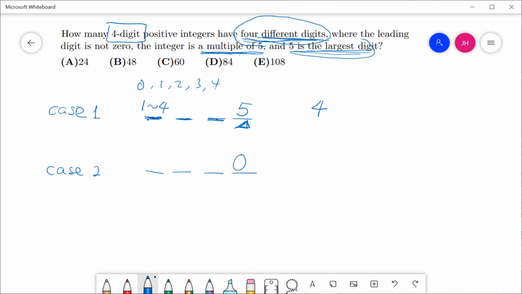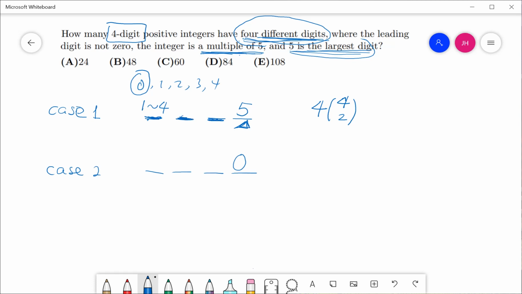Then we have 3 places left. But remember, we have a 0. The 0 doesn't go to the first digit, but it could be a choice for the second or the third. So we still have 3 plus 1, that's still 4 choices. So we should choose 2 out of the 4, and then we sort them between the 2 places.